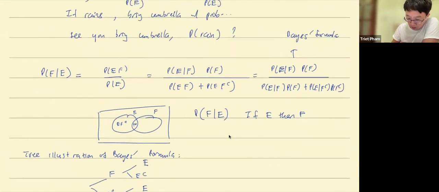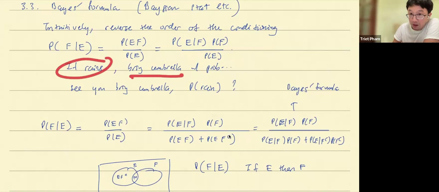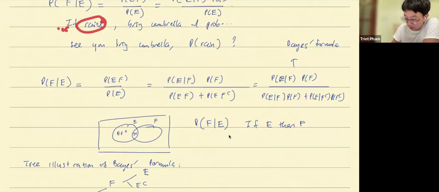The probability that you bring the umbrella if it rains: condition on it rains, what is the probability you bring the umbrella. So if you condition on something, that's the if clause.